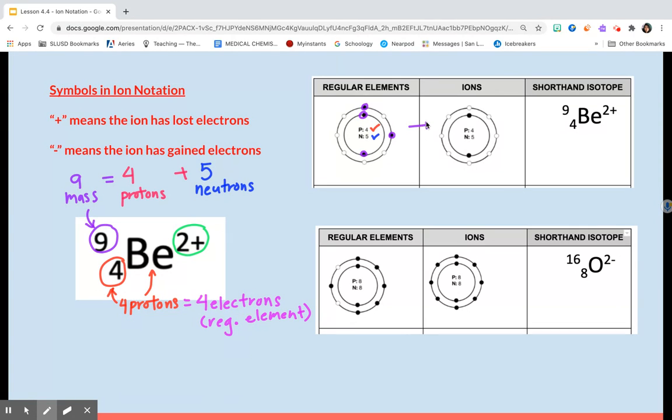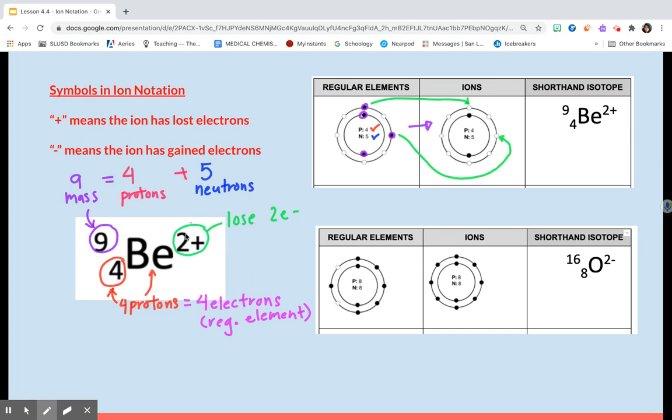And then when it becomes an ion, it loses this one up here and it loses the one on the right. So these two just disappear. So the +2 means it's going to lose 2 electrons.